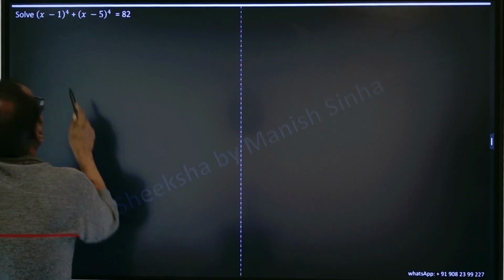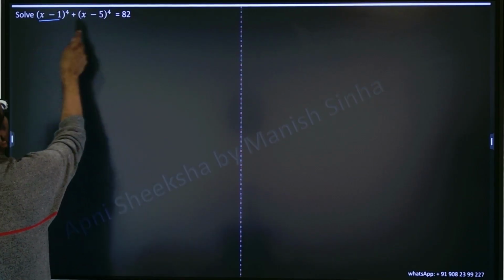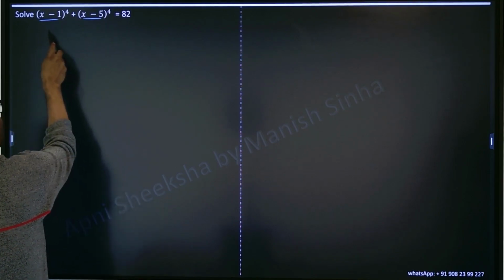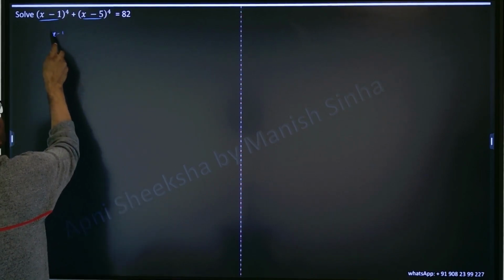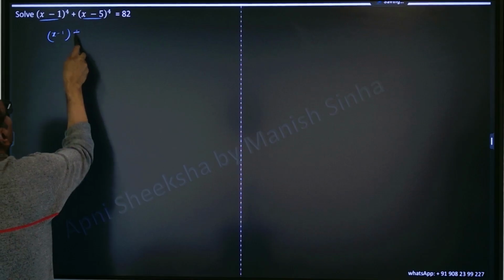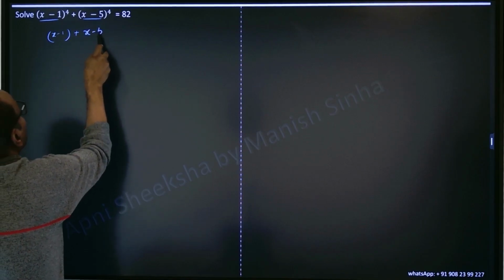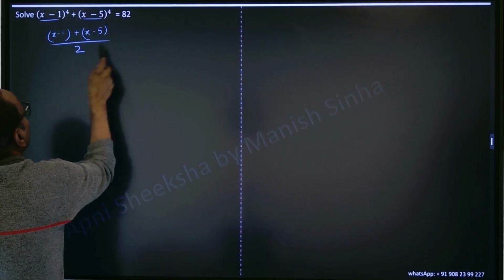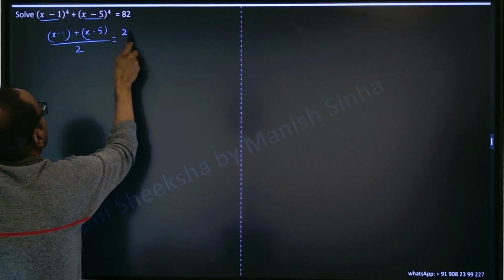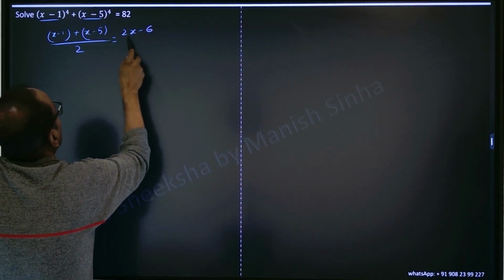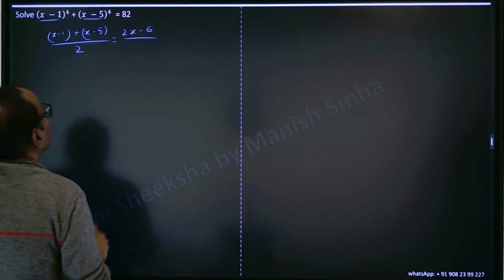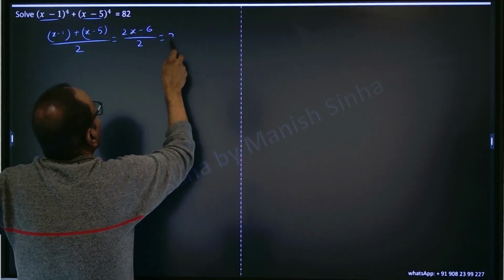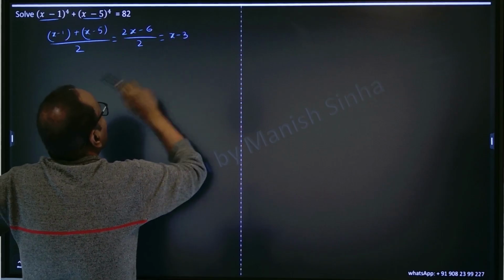So in such case you can take the mean of these two. What is the mean value? x minus 1 plus x minus 5 divided by 2. 2x minus 6 divided by 2, x minus 3.